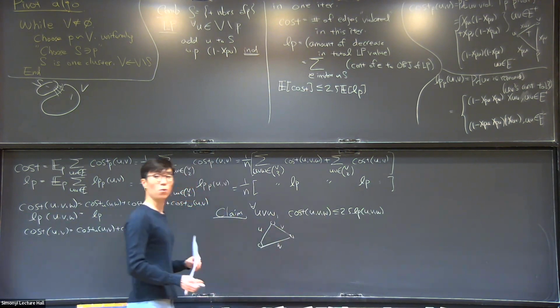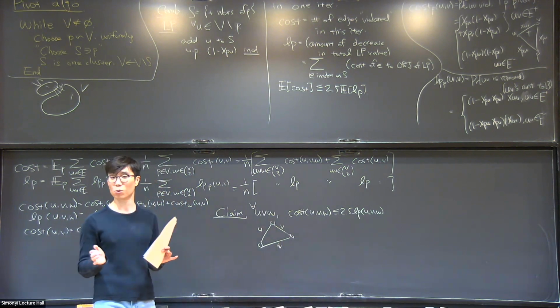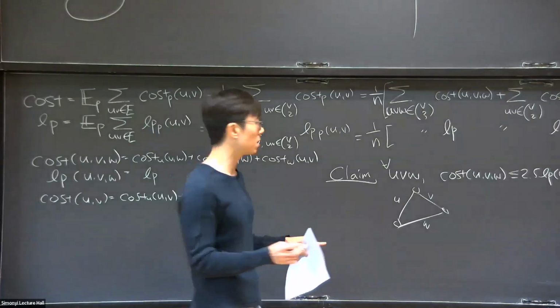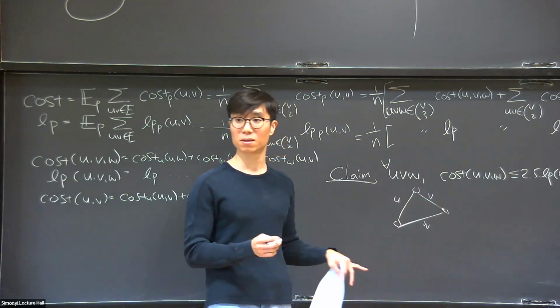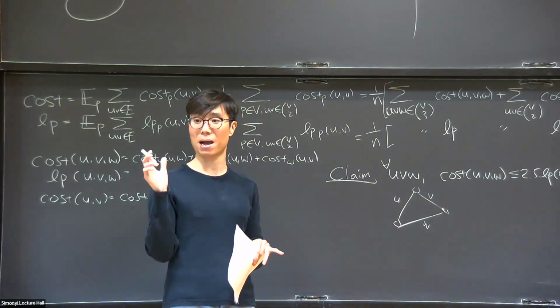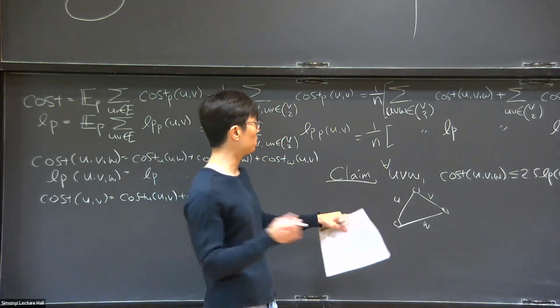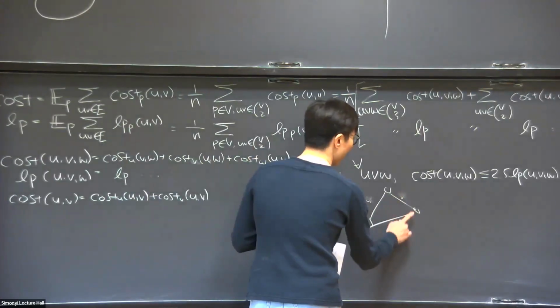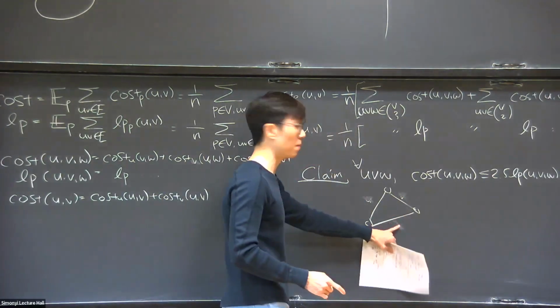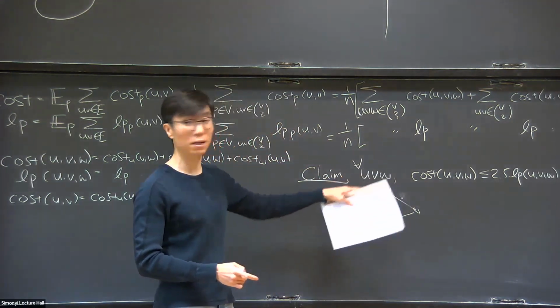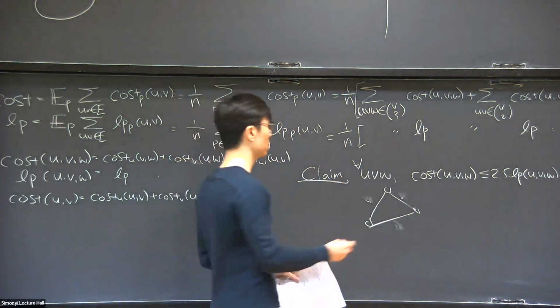The only information we need in order to determine this is the signs of these three edges, plus or minus, so they're three binary variables, and the LP values, the X values, between those three variables.